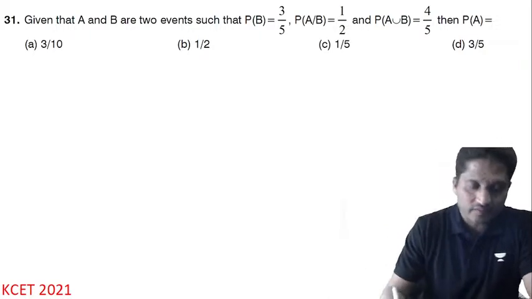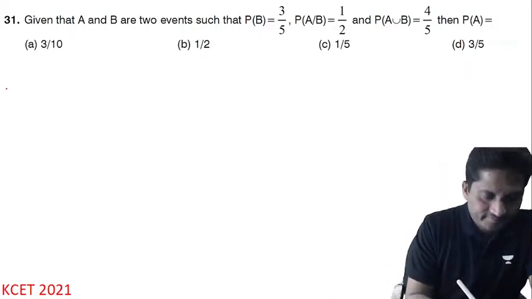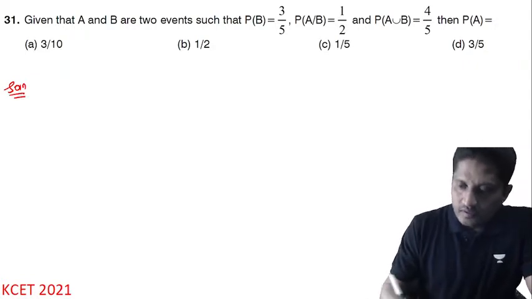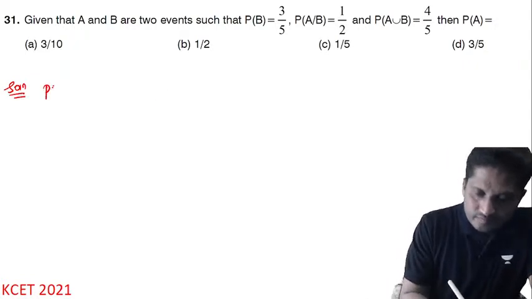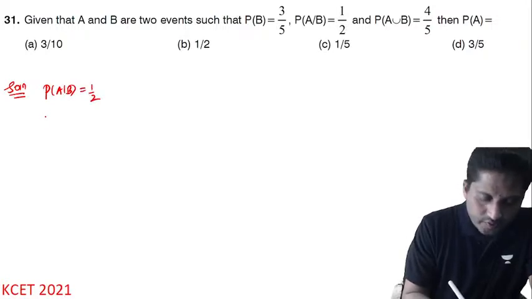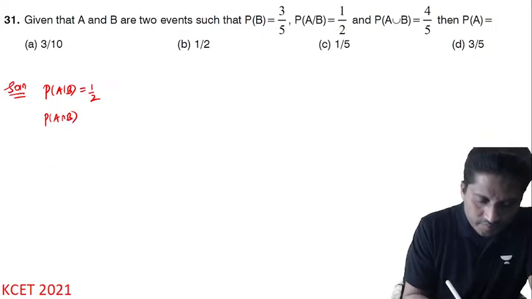All right, let us start question number 31. P of A given B is equal to 1 by 2. So P of A given B is P of A intersection B divided by P of B, and that's equal to 1 upon 2.